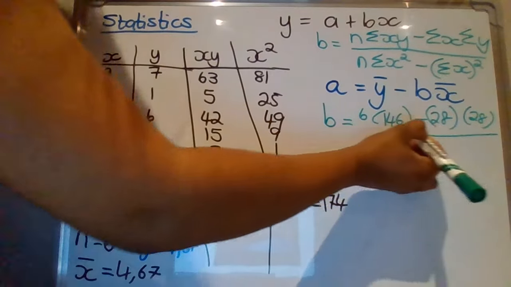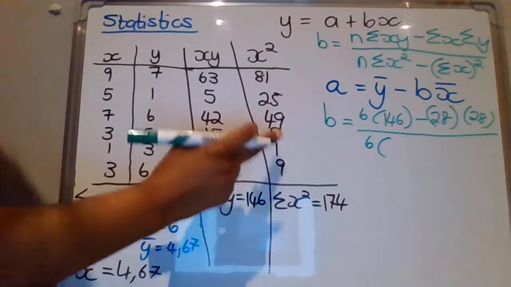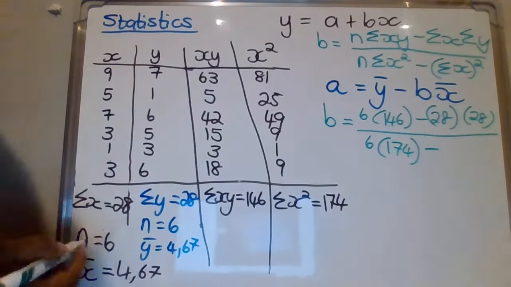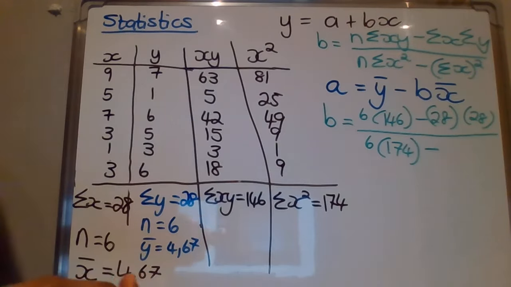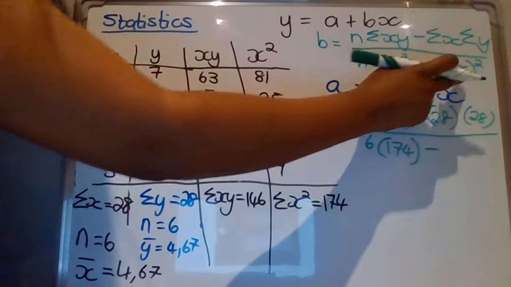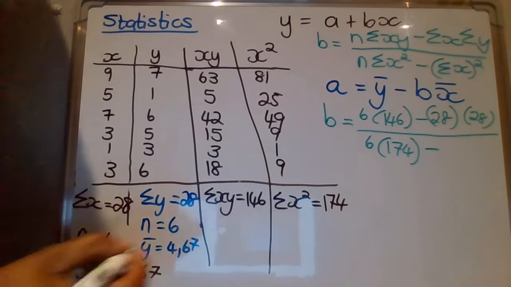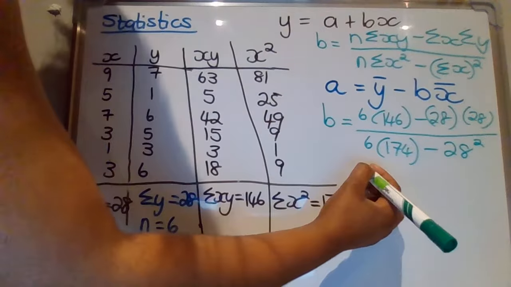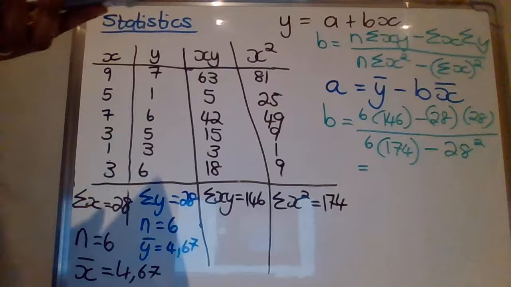So all over 6 times the sum of my x squareds, which is 174, minus the square of the sum of my x's. So do you understand? This is the sum of my x squareds, and this one here is the square of the sum of my x's. So it's minus 28 squared. And with that, I'll be able to find my slope, or my B value.